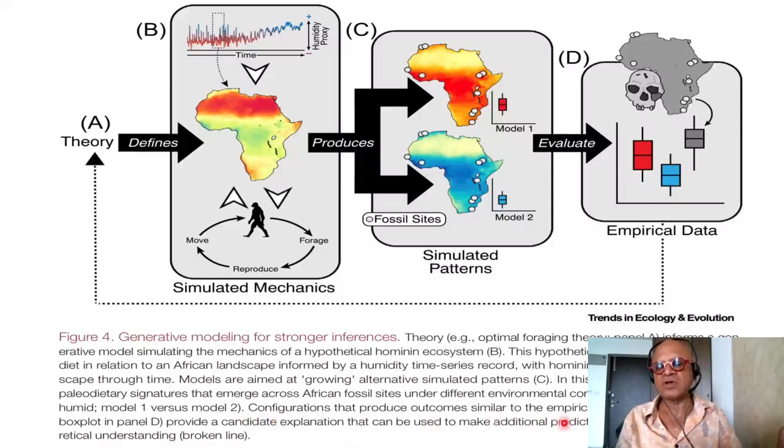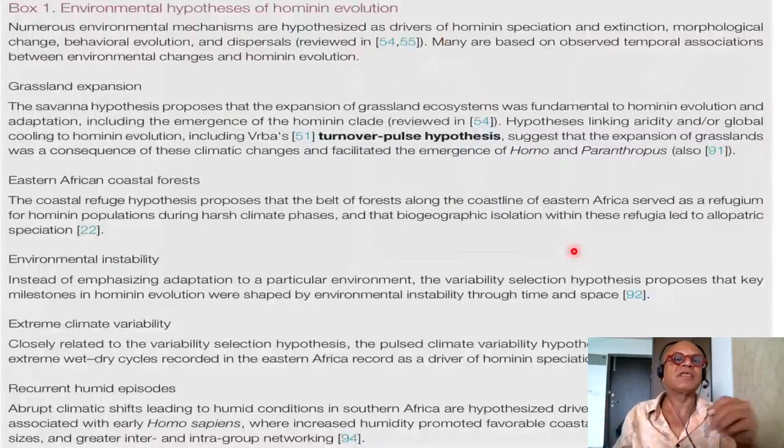Configurations that produce outcomes similar to the empirically observed data, the gray box here. So one simulation of the model is nailed to what is estimated as reality from all the existing data. But this provides a candidate explanation that can be used to make additional predictions and further refine theoretical understanding. So once you do this, you want to come back and then tune your theory again and then go back. Wow, you get the idea.